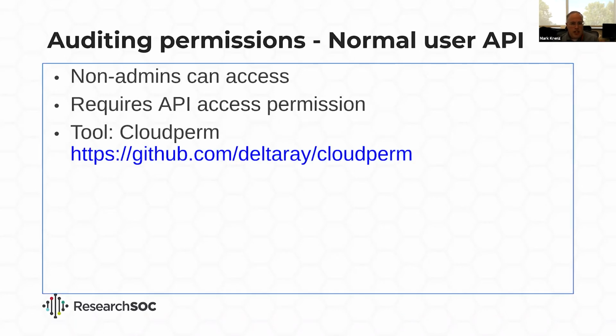CloudPerm is a solution that I developed as a medium point between these two extremes. We didn't have G Suite for Education. We also didn't have a G Suite admin account. So we had no ability to do those kinds of things. And we didn't want to use an add-on and give third-party access to somebody. So this allows non-administrators to access their Google Drive permissions and audit them, view them.